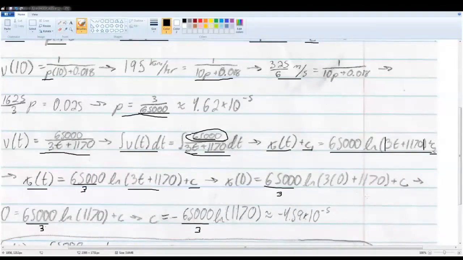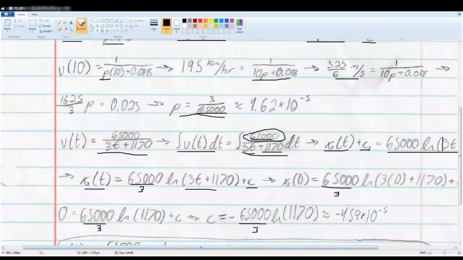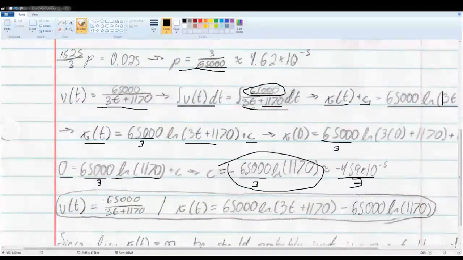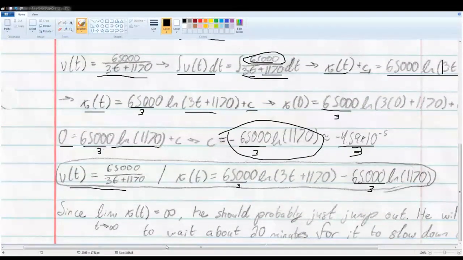So we can plug in 0 for time, and we can say that 0 equals the function when t is 0. And so our solution for C is going to be this monstrosity, which is approximately equal to this monstrosity, but over 3. And so we have the velocity function, and we have the position function, of course, over 3. And we also want to take that and divide it by 3. And so yeah, those are our final functions.